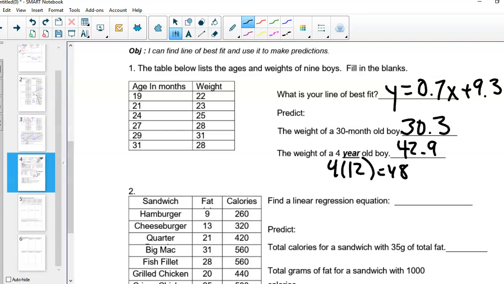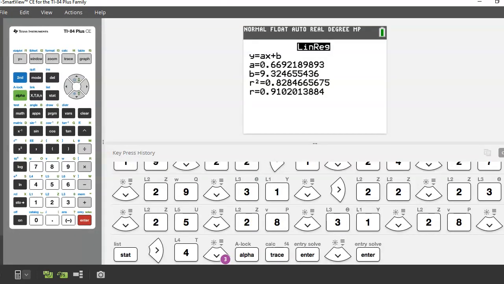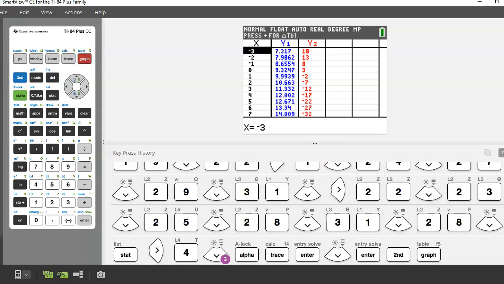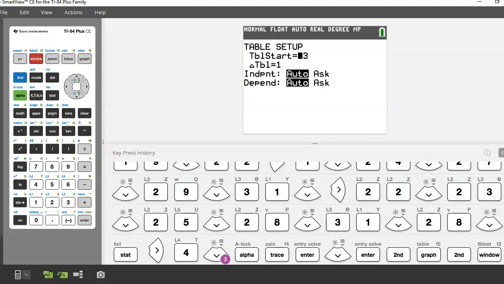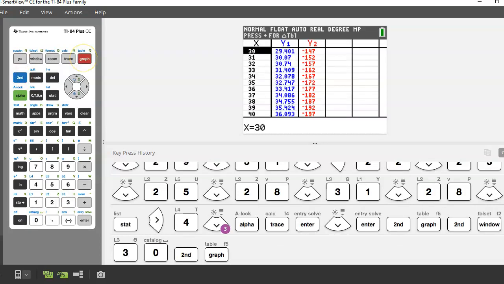In your calculator, because we stored this equation, it's going to look a little different. That's okay. Go back to your table, and instead of scrolling all the way down to 30 and 48, go to second window. It should say table set at the top. Change table start to whatever number you need. So 30. Go to your table.